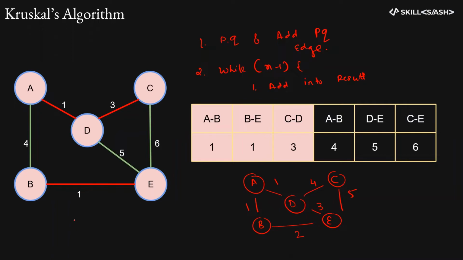We will add AD, then the next one is AB, then BE, then DE. This is the minimum spanning tree based upon the logic I'm drawing. Now do you think this is the right approach, or have we made any mistake? Are you getting my point? Yes Dhaval, it's correct.